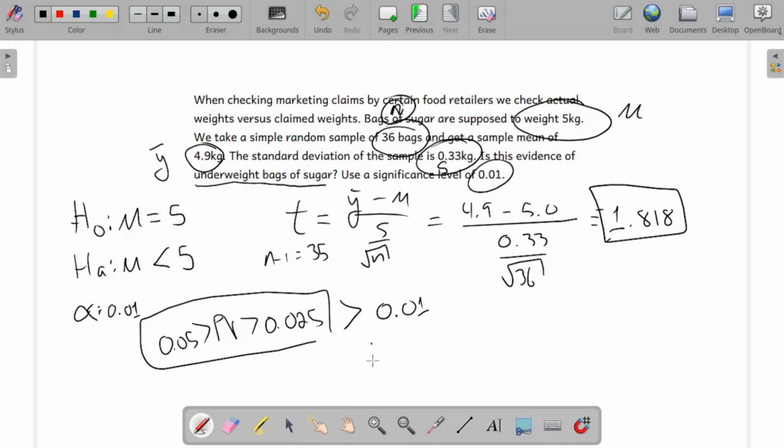So we have to fail to reject the null hypothesis. In context, we can say we did not find evidence of significant underweight bags of sugar at the 1% level of significance.